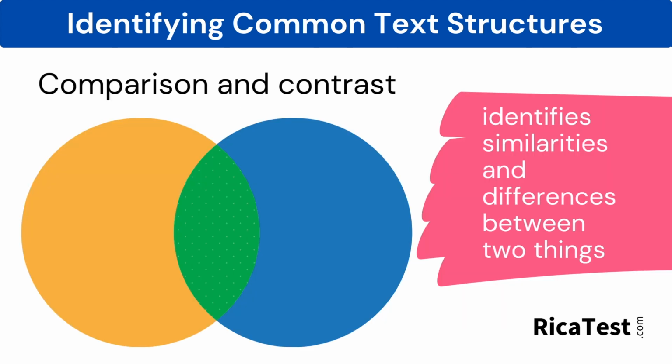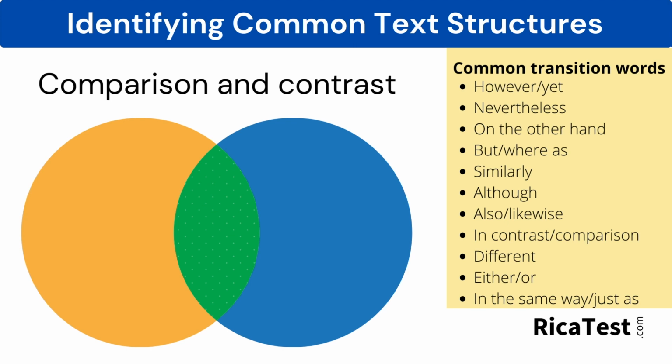The compare and contrast structure identifies similarities and differences between two or more people, places, events, objects, or more. To represent the compare and contrast structure, we use the Venn diagram. Common transition words used to indicate comparison and contrast include however, yet, nevertheless, on the other hand, but, whereas, similarly, although, also, likewise, in contrast, comparison, different, either or, in the same way, and just as.